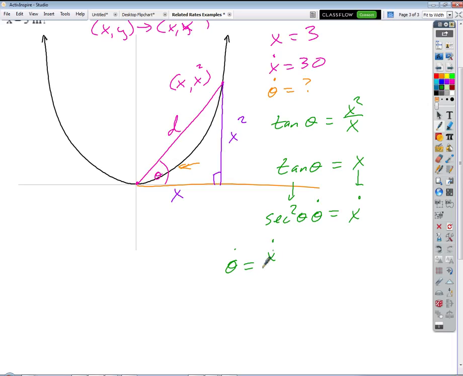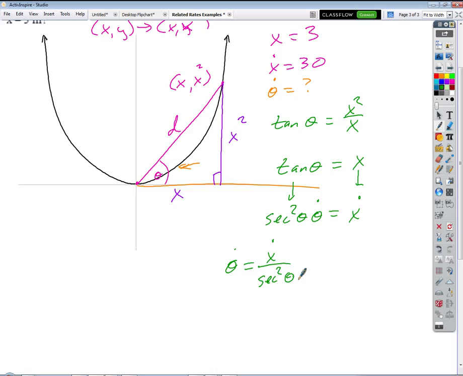But dividing by secant squared theta is kind of dumb. What should we do instead? Yeah, good. The reciprocal of secant is cosine, so a secant on the bottom is equivalent to a cosine on the top.